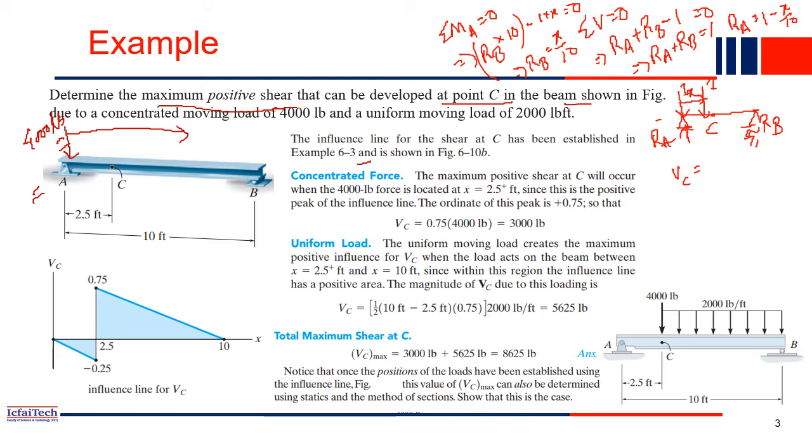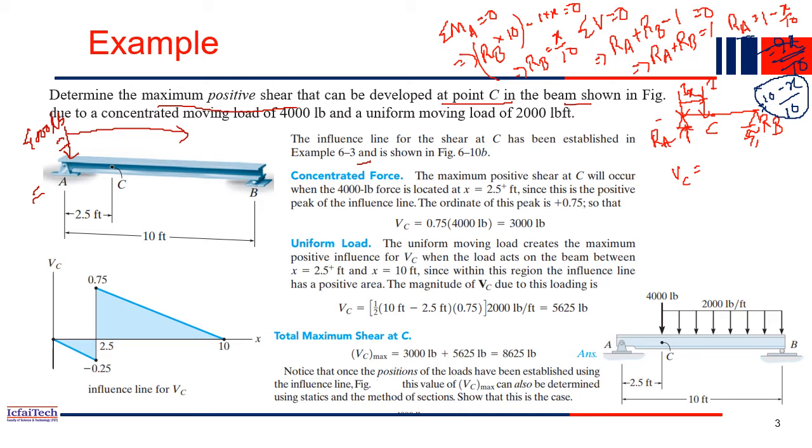Sorry, it is not 9x; RA is (10 minus x) by 10.